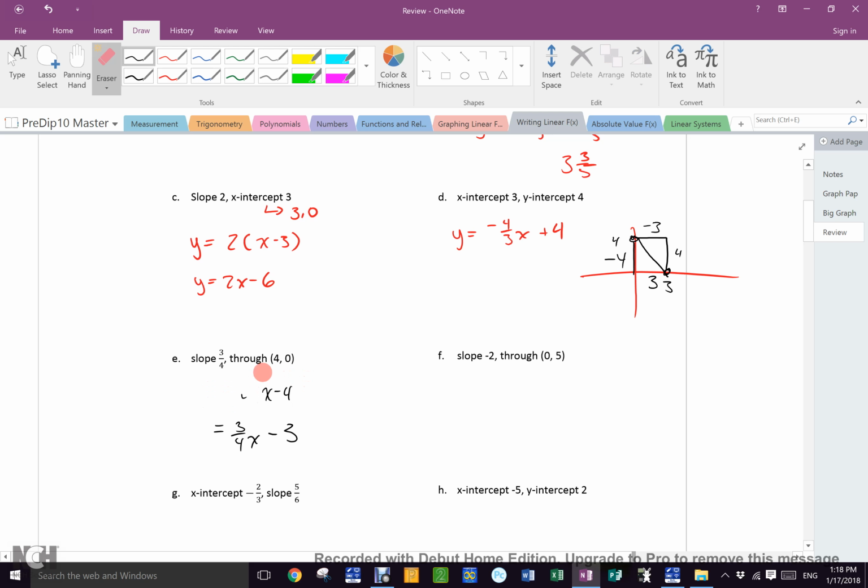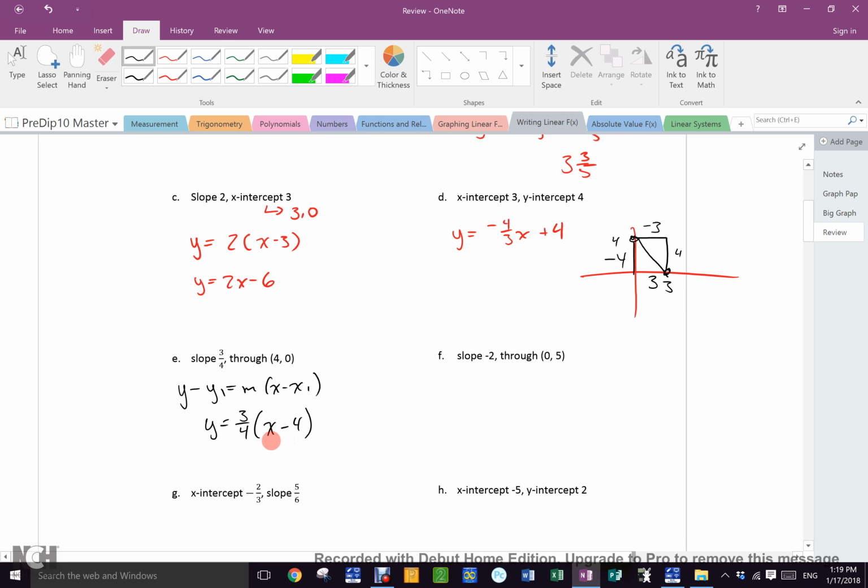Okay. You're comfortable with the slope and the point, yes? Okay. So point slope form is y minus y1 equals m times x minus x1. Well, y is 0, yes? So it's y equals slope, 3/4, x minus 4, yes?